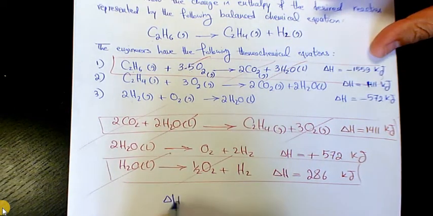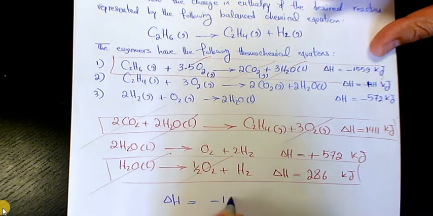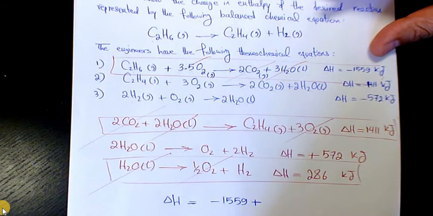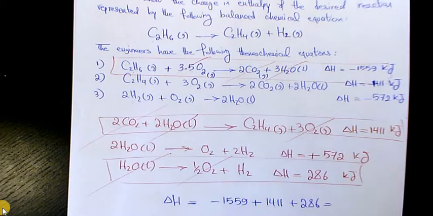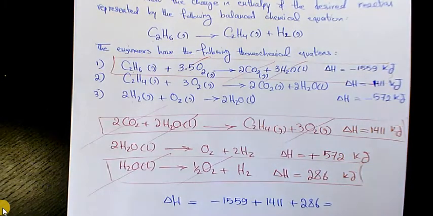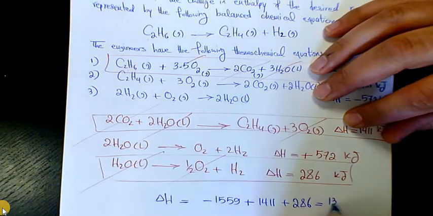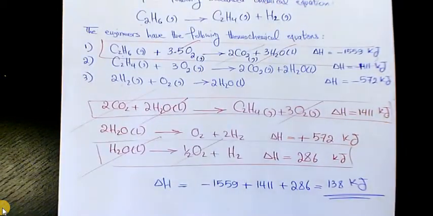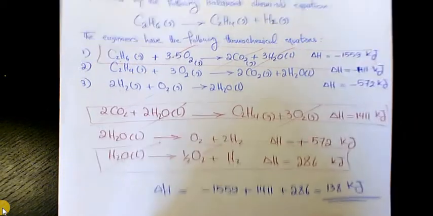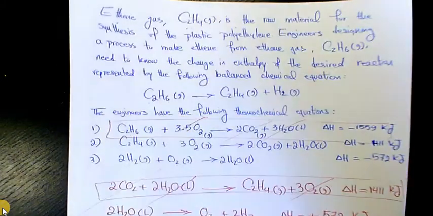So delta H of the reaction is going to be negative 1559 plus 1411 plus 286. That's going to be 138 kilojoules. That's going to be the enthalpy change for formation of ethylene gas from ethane gas.